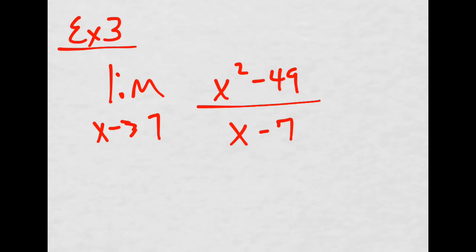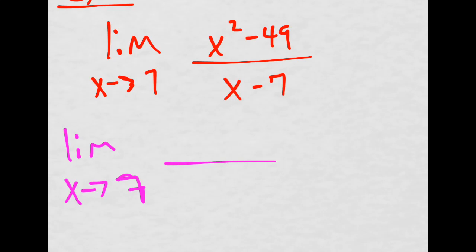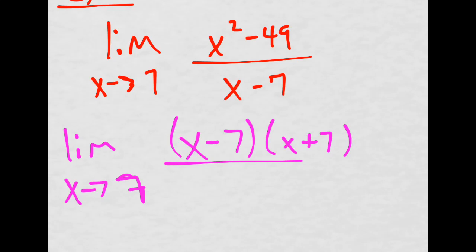So what I can do here, if I plug in 7, 7 squared is 49, 49 minus 49 is 0. Plug in 7 to the bottom, 7 minus 7 is 0, so I need to factor. So the limit as x approaches 7. I can factor that to x minus 7 and x plus 7 over x minus 7.